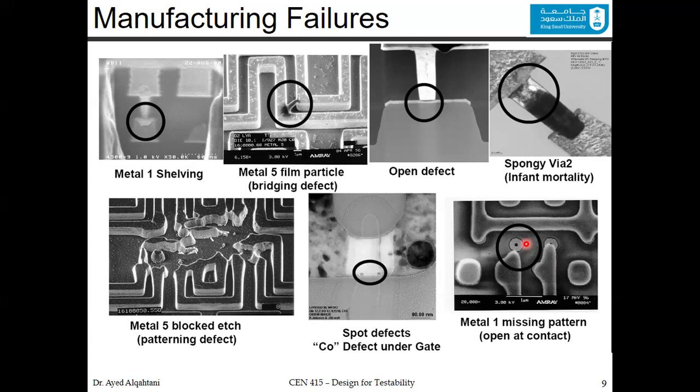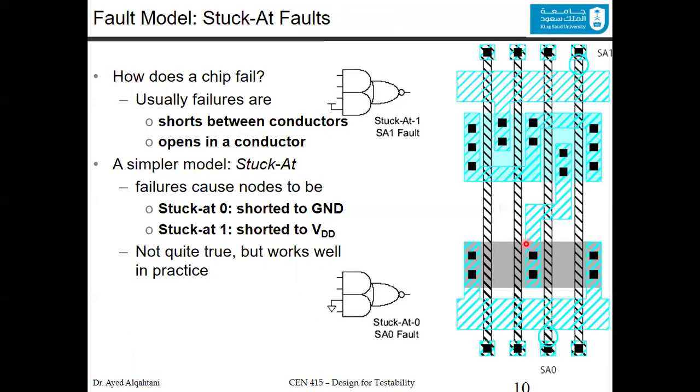Now we need to test any circuit. We need first to understand the faults. So one step is to do the fault model. We will use the stuck at fault model. First, you need to worry about how does a chip fail? Where did the failure come from?